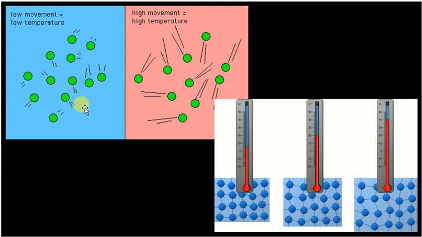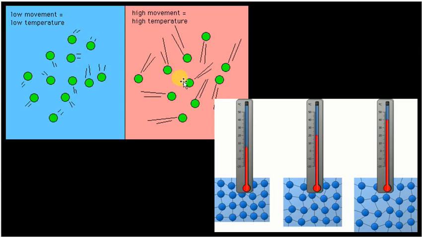These molecules are still moving around, but much more slowly. The ones on the right, however, are at a higher temperature, so they move around much faster. The higher the temperature gets, the more the molecules move around.